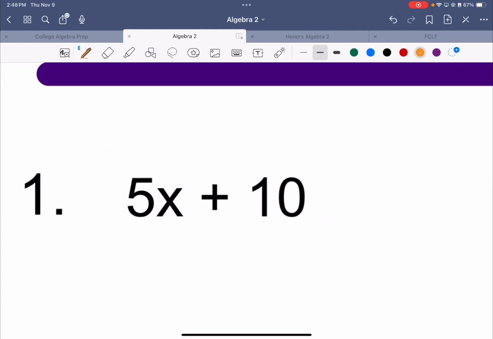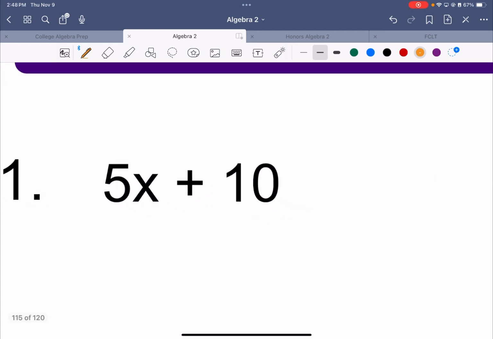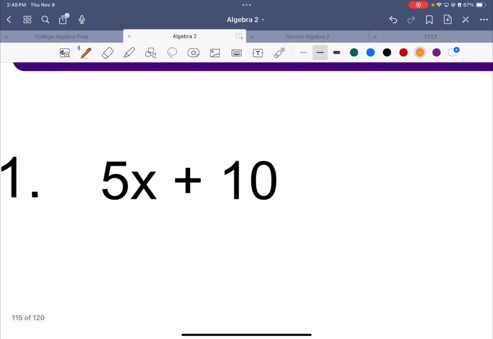So the first one we're going to look at, and the best way to do this is just go after it, is 5x plus 10. What we're looking for is what we call the greatest common factor, for both the number and the variable. When we're talking about factors, we're talking about 2 numbers that multiply together to result in that.